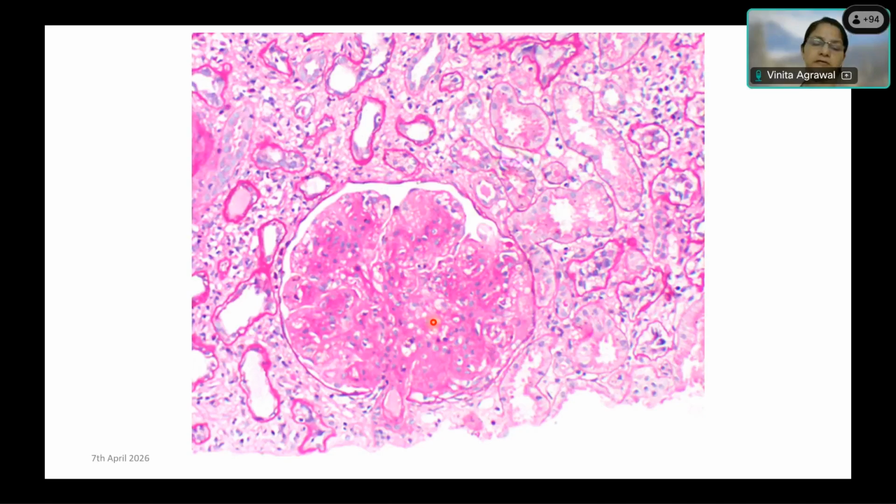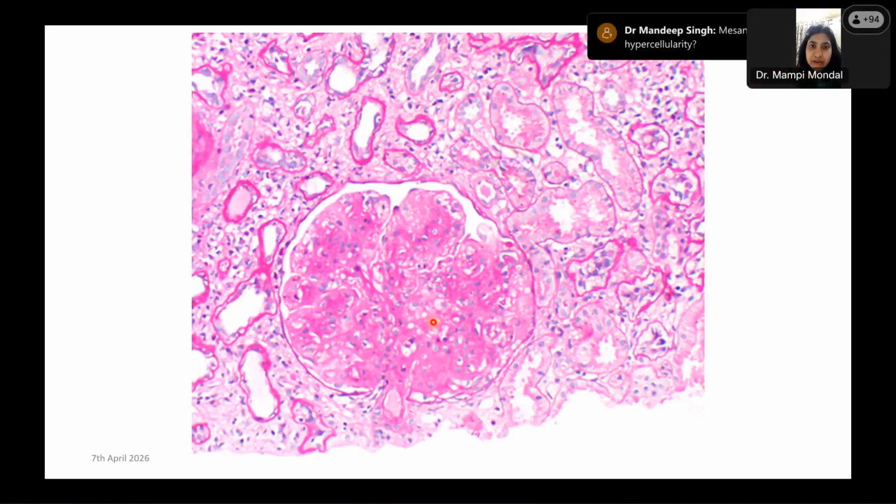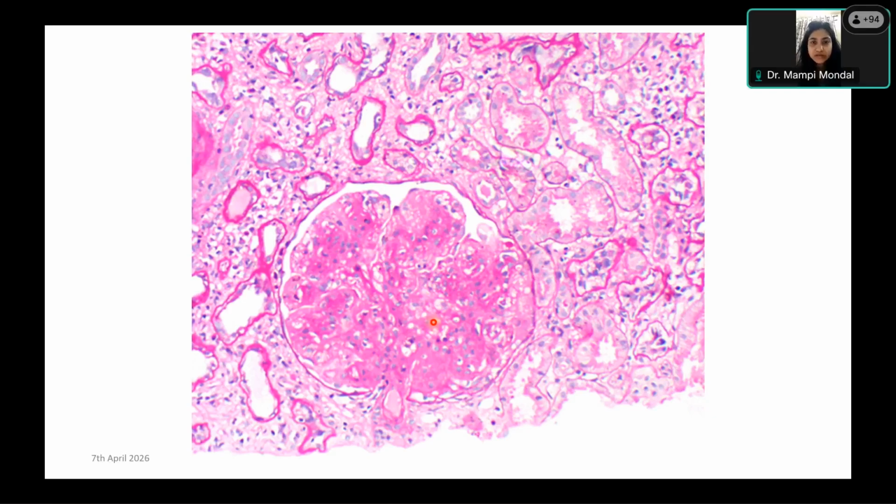This glomerulus is showing mesangial cell proliferation and matrix expansion. Few capillary lumens are obliterated, so there is segmental obliteration, and tubular atrophy is also there.